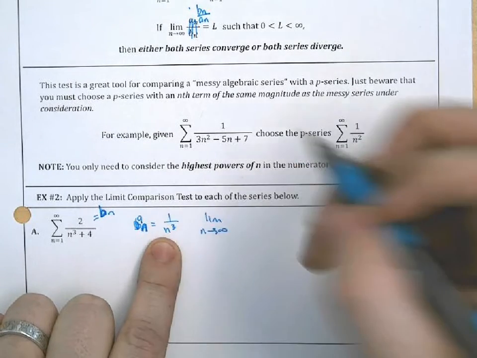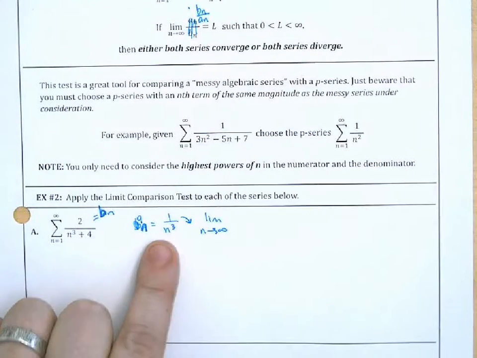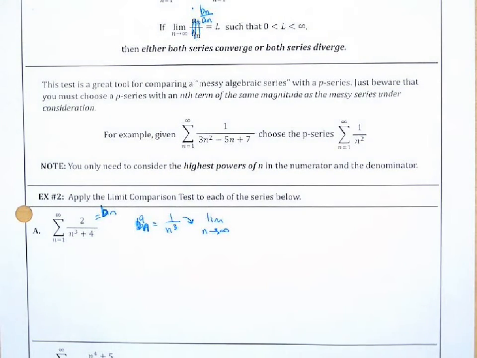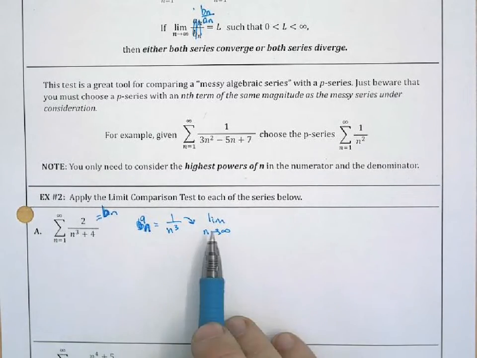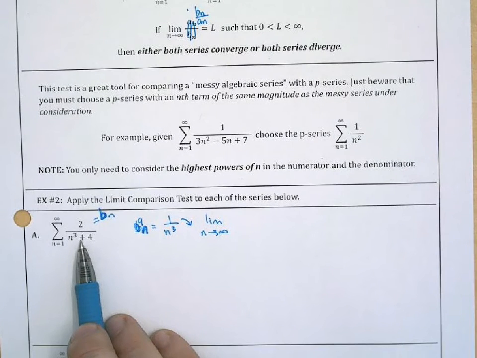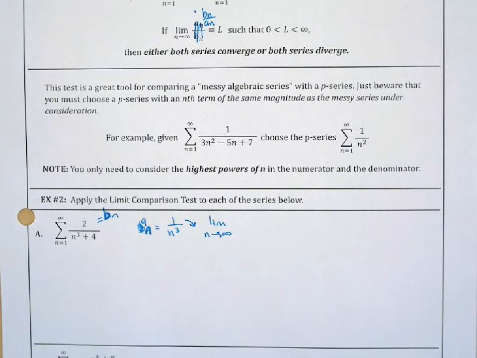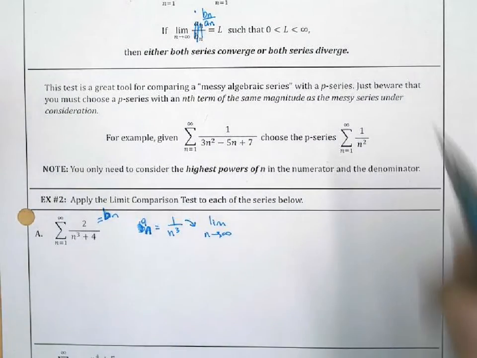Is that going to converge or diverge? That is going to converge. And we don't care about greater than or less than. We're just going to see what this equals, and if it equals a number, this converges like that one. Either one could have worked. I didn't do both, I'm just trying this one out.